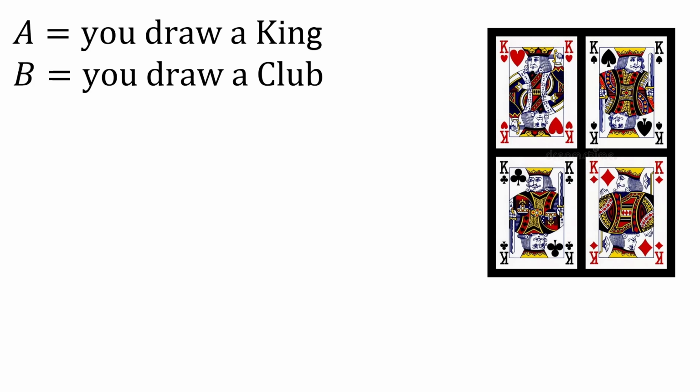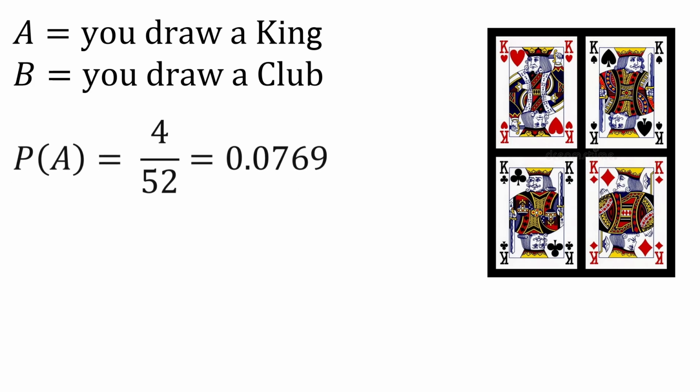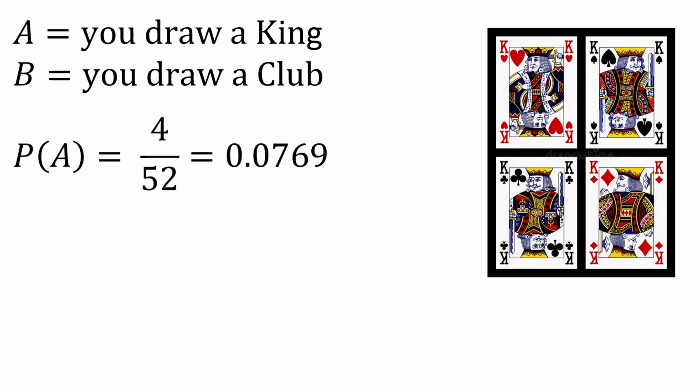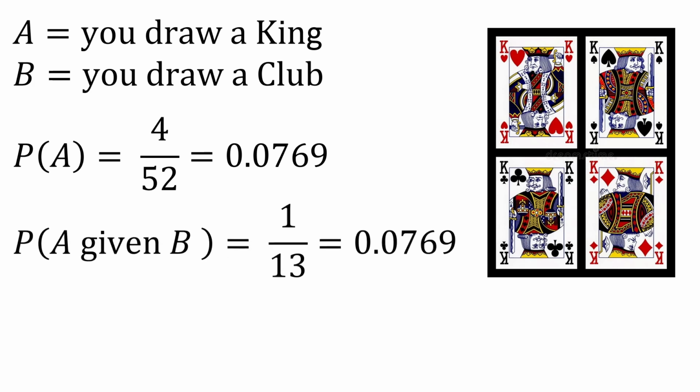What is the probability that you draw a king? Well, there's 4 ways you can draw a king out of 52, and so the probability is 4 divided by 52. What is the probability you draw a king given the knowledge that the card you drew is a club? In other words, what is the probability of A given B?